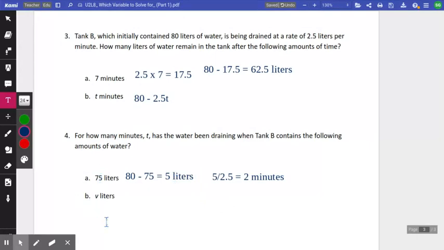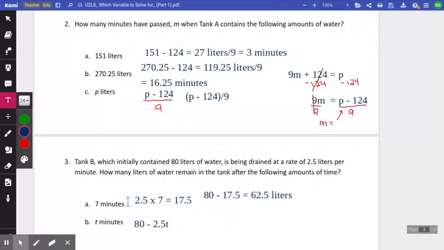So now I like to use the word abstract. Let's abstract this and write an expression down for any amount of water, any amount of liters. So if I'm doing that, remember there were 2 ways we could do it before. We could take that first expression we wrote and solve it for the other variable, or based on this math you've been doing, we can come up with an expression there.